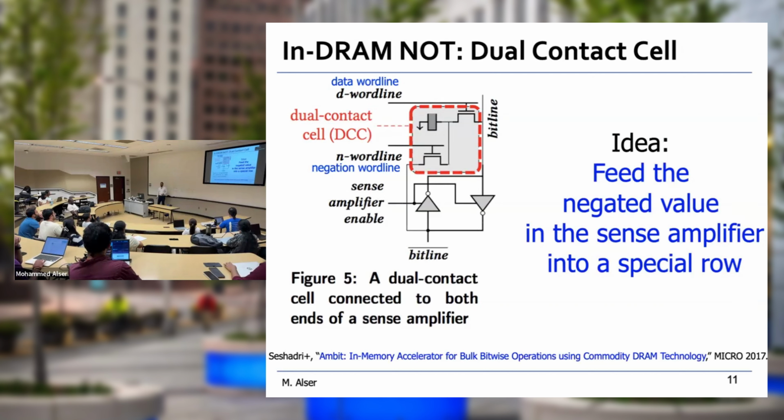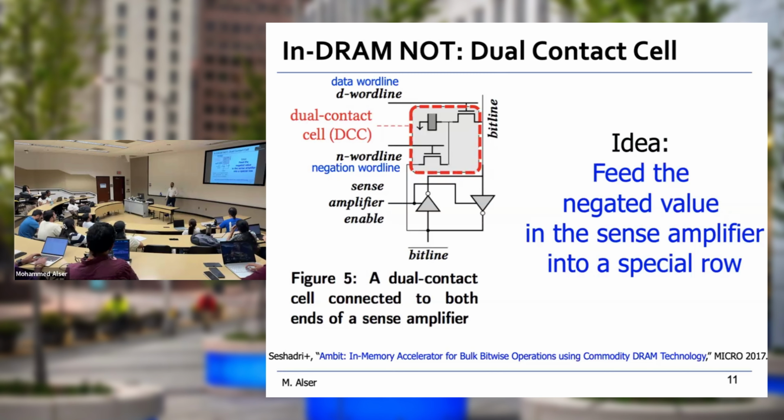Very simple. Remember, we talked about the differential sense amplifier, right? We move the charge. We already know it's 1, but on one side of the sense amplifier, we could know that it's 0 because we have the negation of the original sensed value. So this is the sense amplifier. This already exists in all DRAM, so nothing new over here.